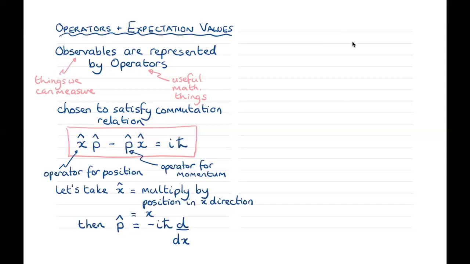Let's quickly check that this works. So let's first work out what happens when we apply first the momentum operator, then the position operator to some general wave function psi.